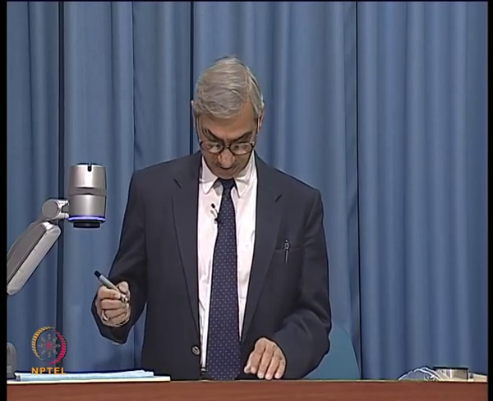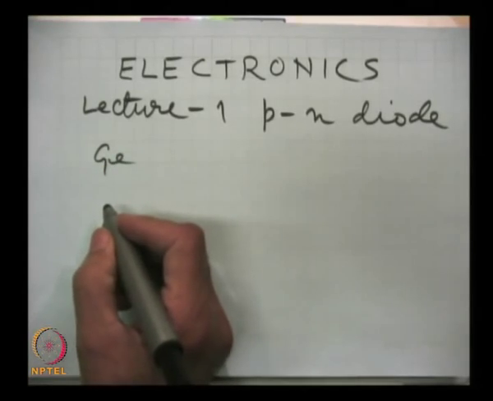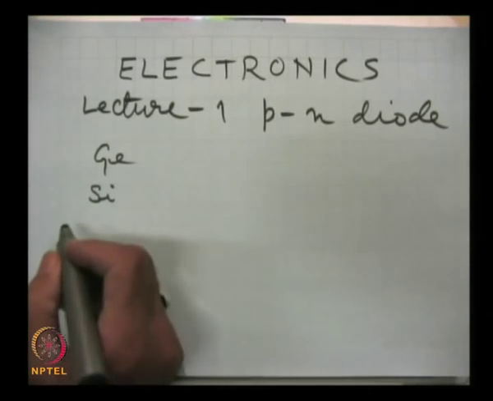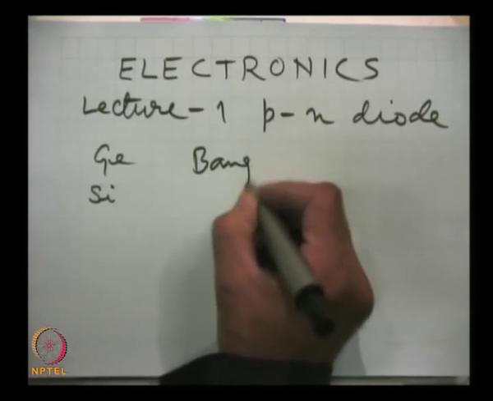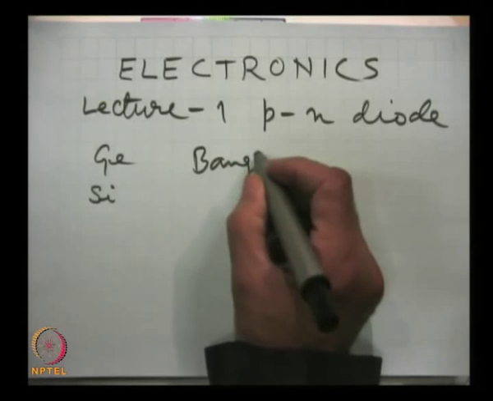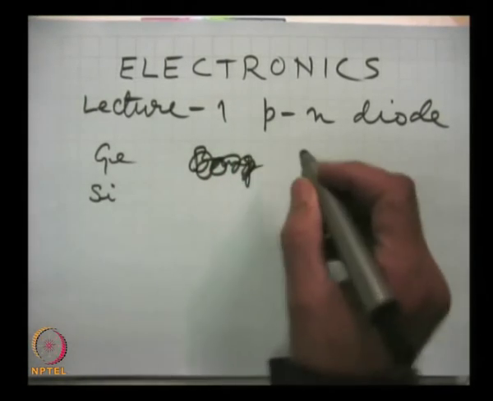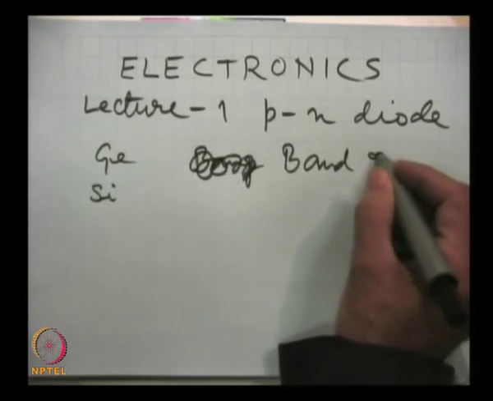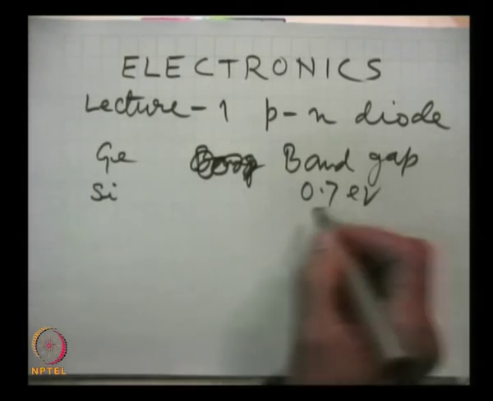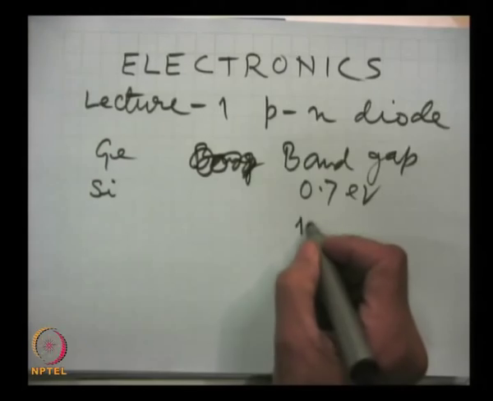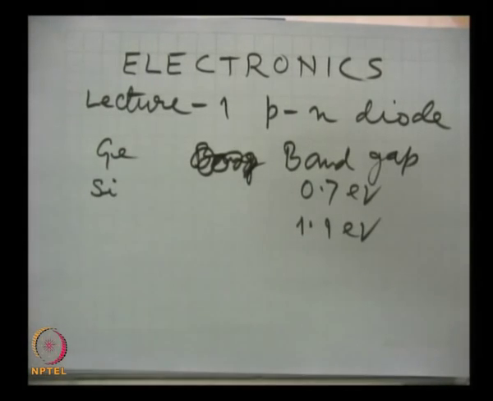As we all are familiar, there are basically two elemental semiconductors, one is germanium and the other is silicon. Germanium has a band gap of 0.7 electron volt and silicon has a band gap of 1.1 electron volt.